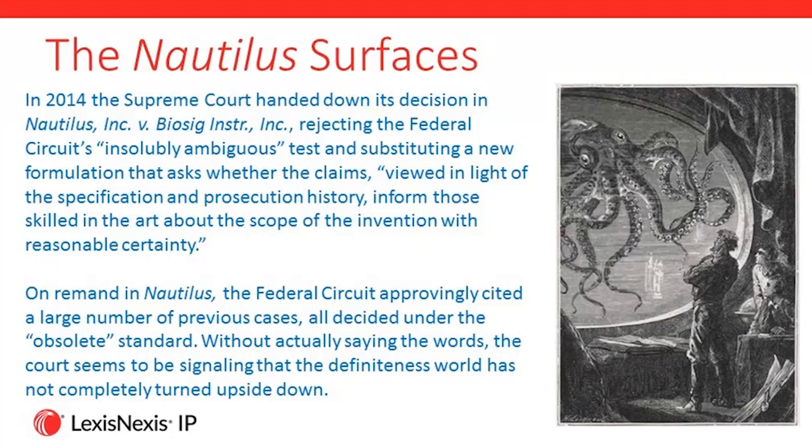And right, but do you think the insolubly ambiguous test did that? I always thought that was the height of uncertainty. Well, it is, but in the way it was applied, the trouble was that the cases that got thrown out really were insolubly ambiguous, for example, the data mines case we mentioned in a couple of slides here.